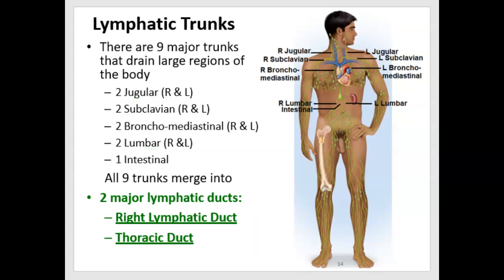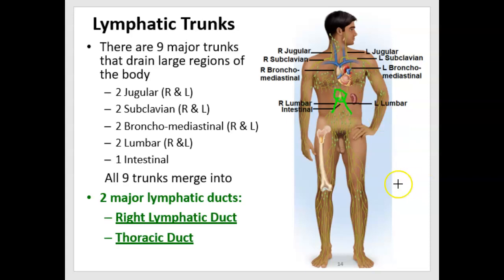Notice that the 2 lumbar trunks, I know they're kind of hard to see, but they are labeled R lumbar and R intestinal, form this kind of triangle, or tip of a triangle, and then there's a sac in the center.